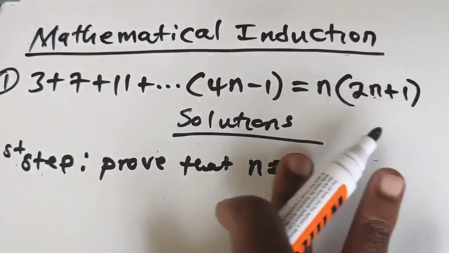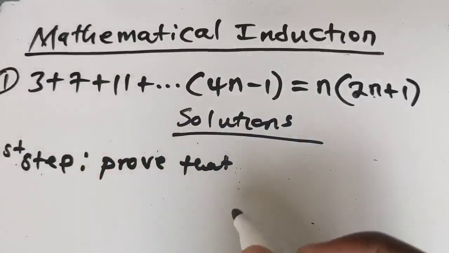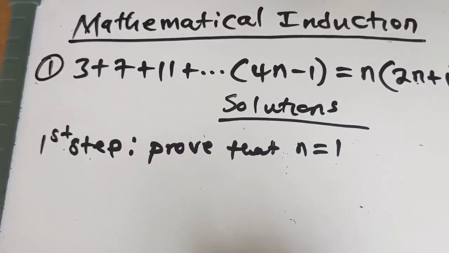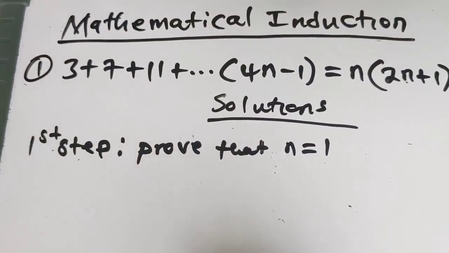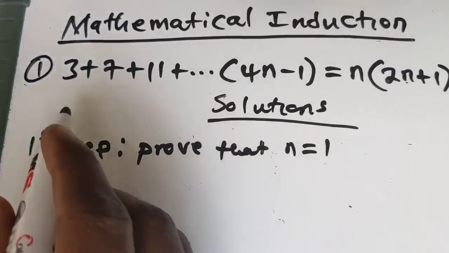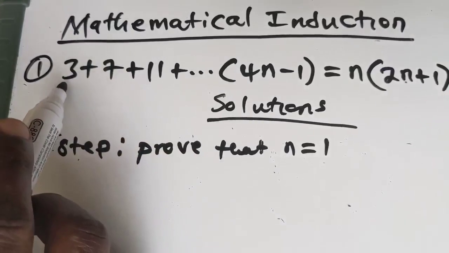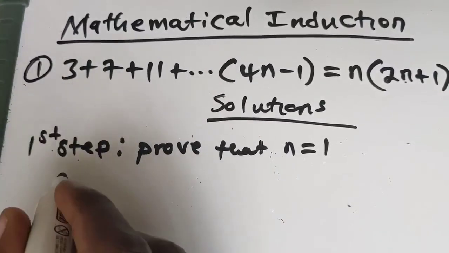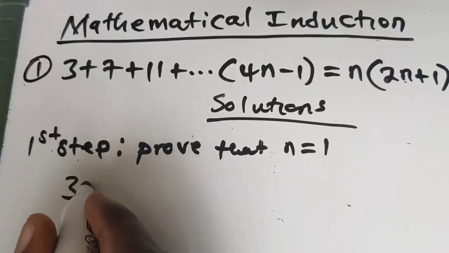Alright, so let's prove that n is equal to 1. We see if it is equal. So this is term 1, our first term. We say this side will get the first term, like that.